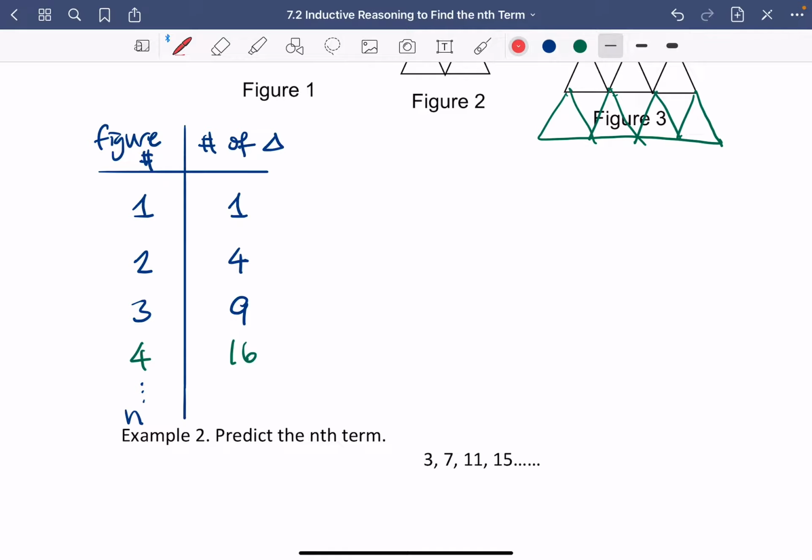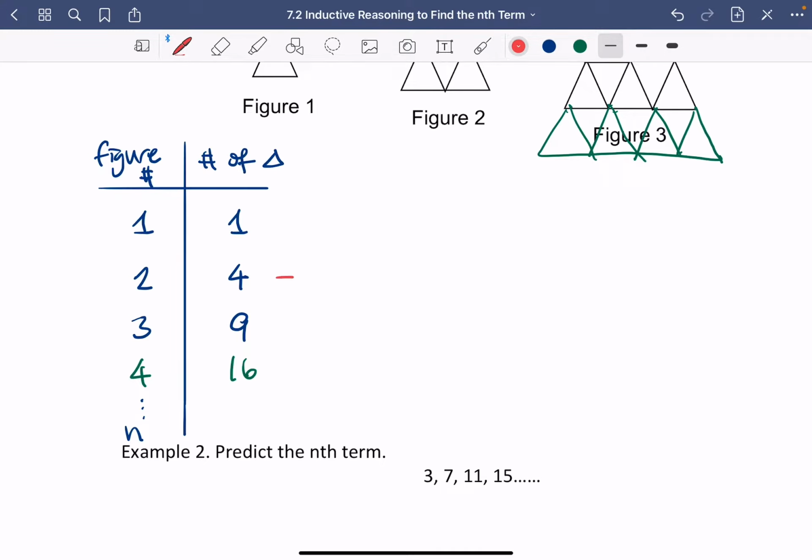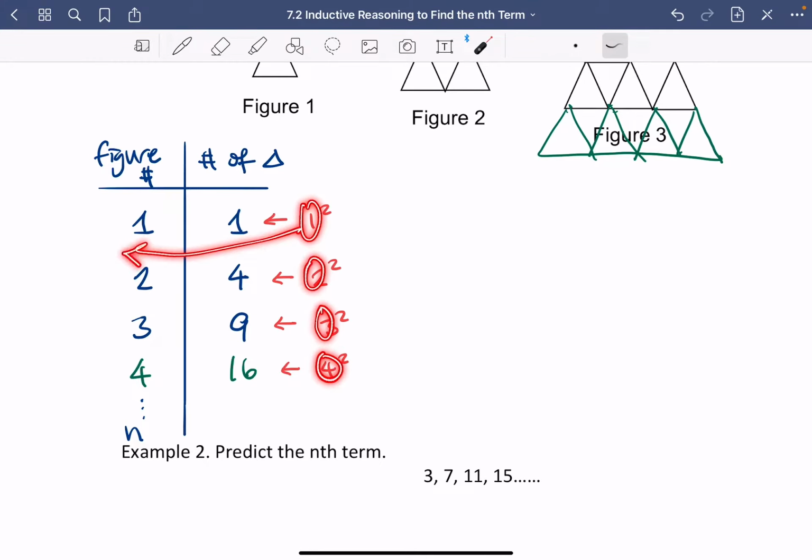Well, 4 is 2 squared, 9 is 3 squared, 16 is 4 squared, and 1 is 1 squared. What do you guys notice? These numbers on the right column are all perfect squares, and the base of these perfect squares are the figure number, right?